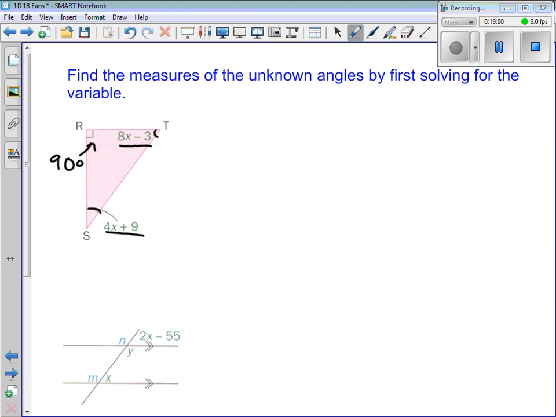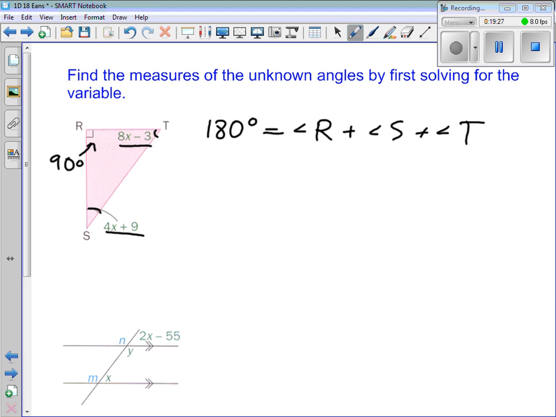So what do we know about the interior angles of a triangle, first off? Lexi. Add up to 180 degrees. So we know that to get 180 degrees, we have to add, I'll just write angle R plus angle S plus angle T. Okay?